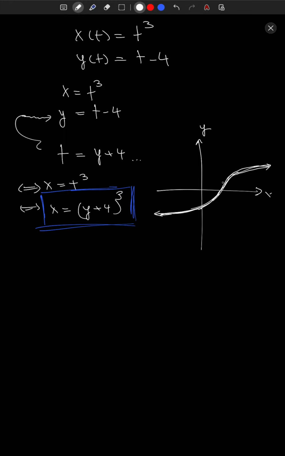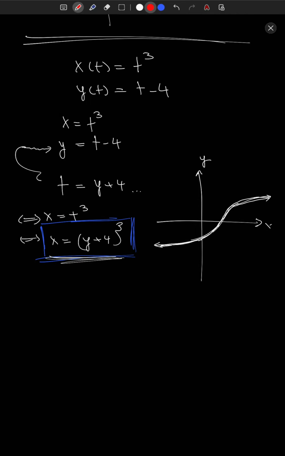But again, this is merely the road, this equation, x equals (y plus 4) cubed. If I want to know which direction I'm driving, how fast I'm driving, whether I'm accelerating, whether I'm turning around, whether I've stopped, I need to analyze it via the original equation.